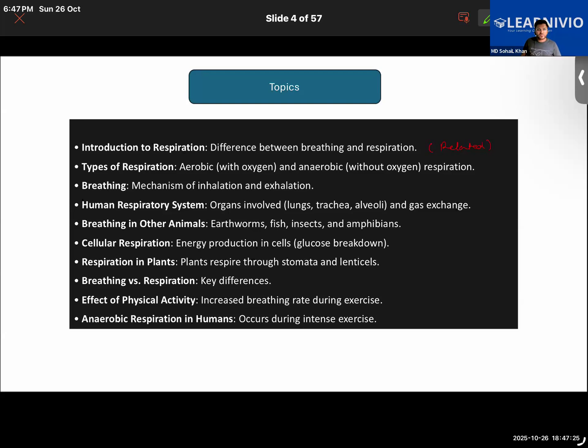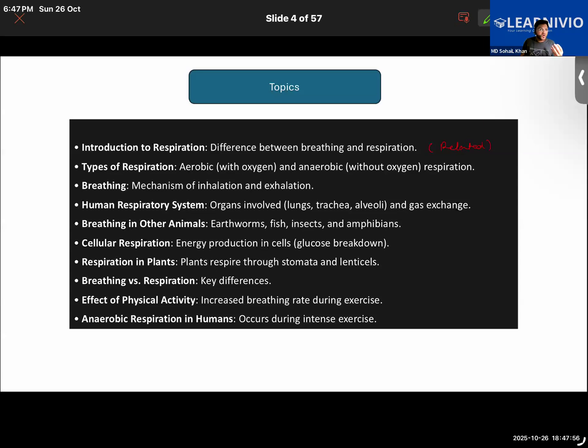Good. So why do we need oxygen? Why is oxygen essential for our body? Ever thought about this question? The main reason is respiration. Oxygen is essential because it is needed for respiration, the process by which our cells convert food into energy, and that energy is important for all the bodily functions, right?